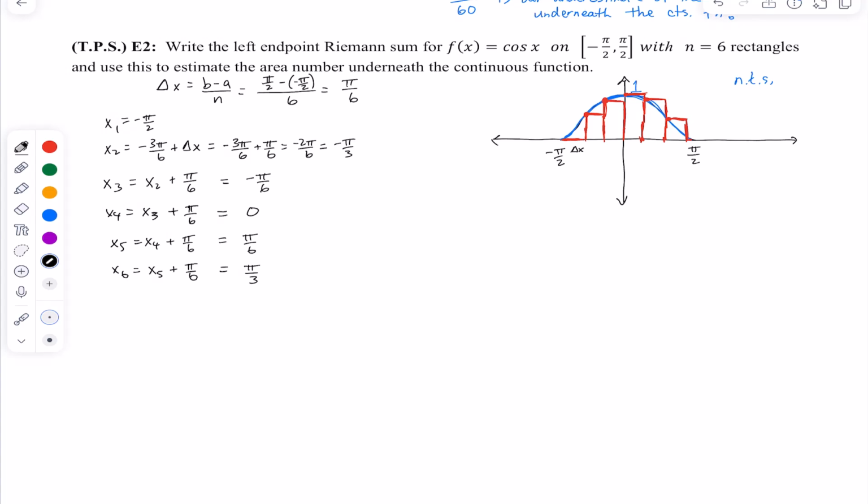We are ready to write our left endpoint Riemann sum. We know our delta x is pi over 6. And we're left with evaluating our common angles.